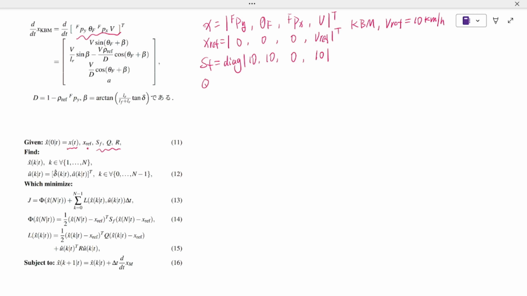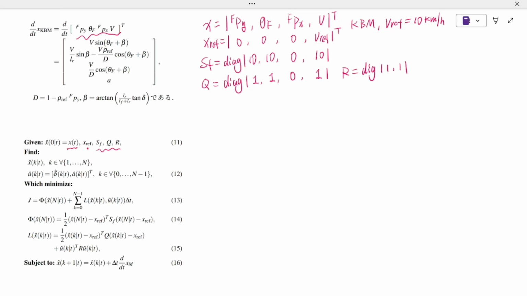The weight of the Q matrix goes to diag: FPY is 1, theta F is 1, FPX is 0, and the velocity is 1. Okay. The last, the matrix of R goes to diag 1, 1.